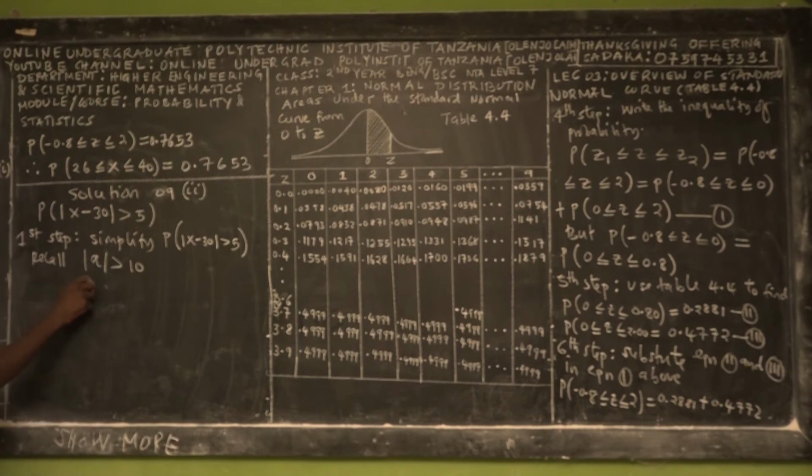So this means plus or minus a is greater than 10. If you consider positive, you have a greater than 10. And if you consider negative, you have negative a greater than 10. So divide by negative on both sides, and you find that a is less than negative 10.